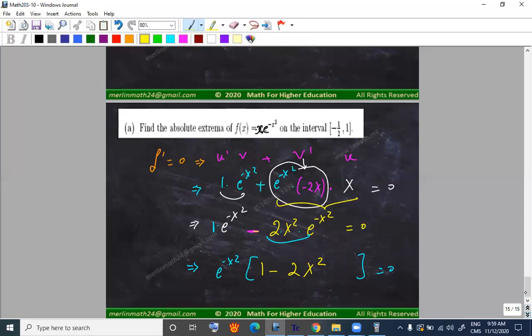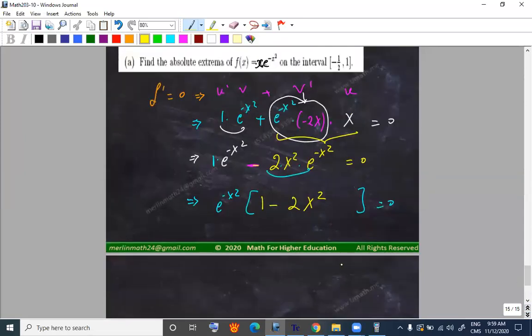Now, when the product of factors equals 0, each factor should be 0. You agree? I want to set this to 0, and I want to set that to 0. So e power minus x squared equals 0 has no solution, because if you apply ln, you won't get a solution. Always from e power something, you don't get any solution. I don't get an x from that.